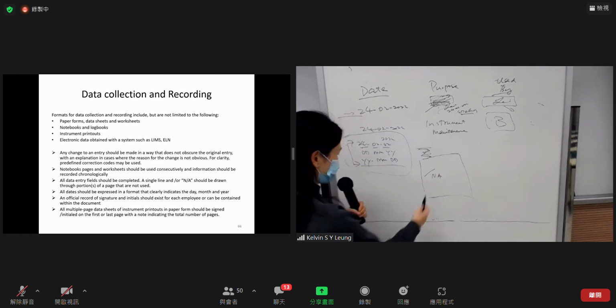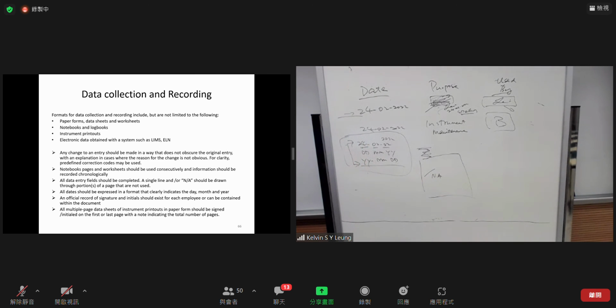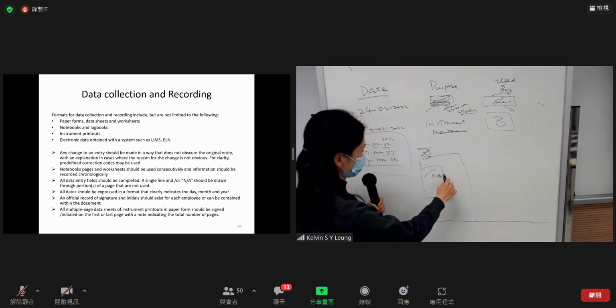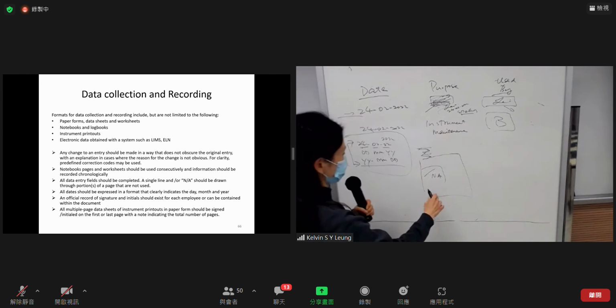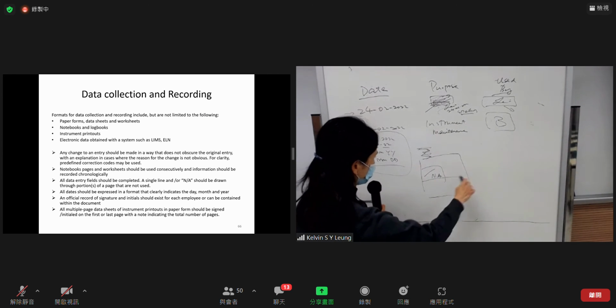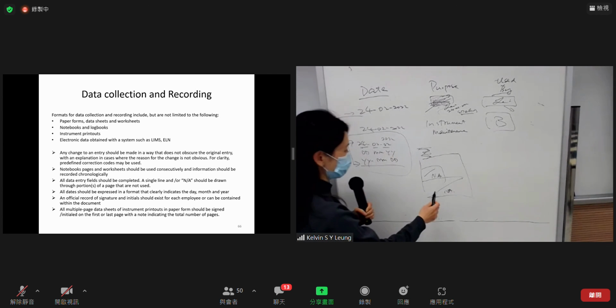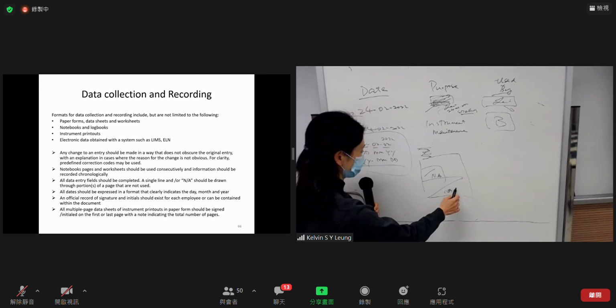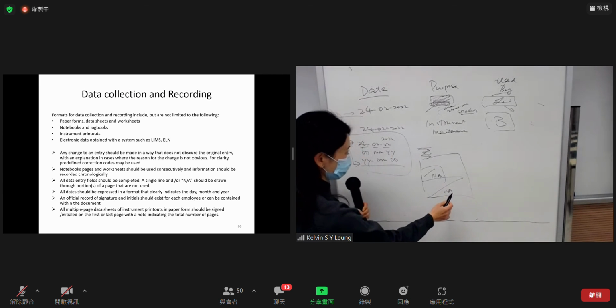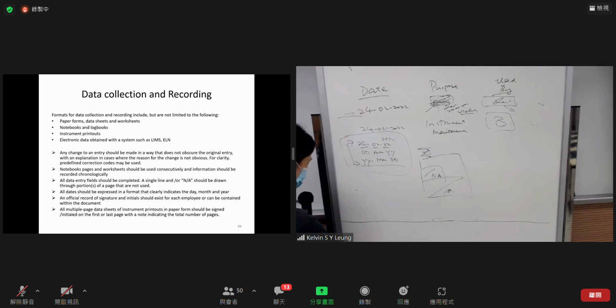Make sure you have this kind of practice. Let's say for the remaining part of the sheets where you don't have any data, you cross it out and write NA, to avoid anyone filling in something after a certain time without you knowing. This is not a good practice.